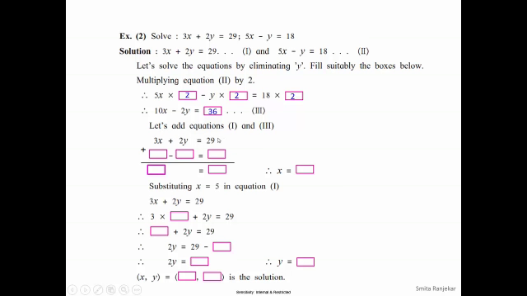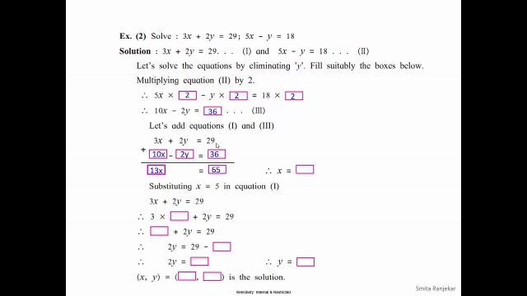So here it is written, let's add equations 1 and 3. So first equation is 3x plus 2y is equal to 29. Next is 10x minus 2y is equal to 36. We are going to do the addition. So 3x plus 10x will become 13x.